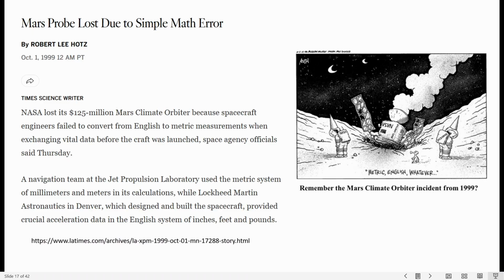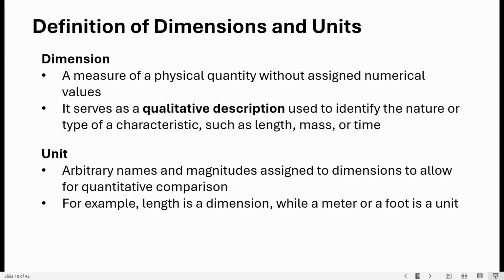So the simple error brought losses to NASA of this huge amount, 125 million USD. This brings us to the importance of understanding dimensions and units.